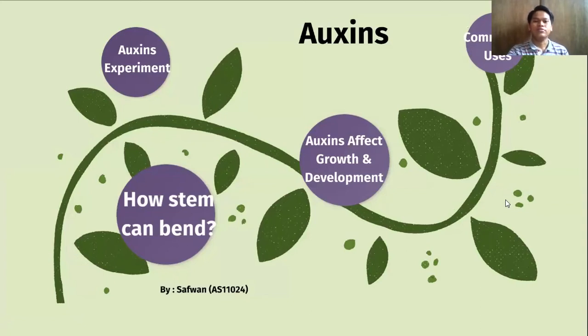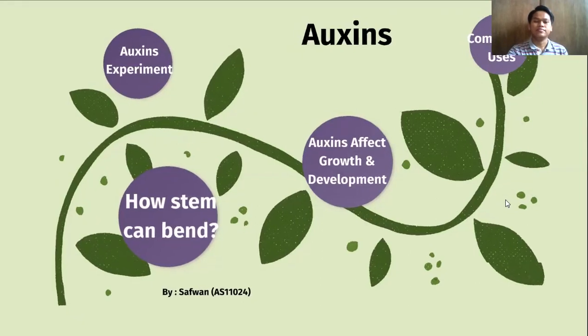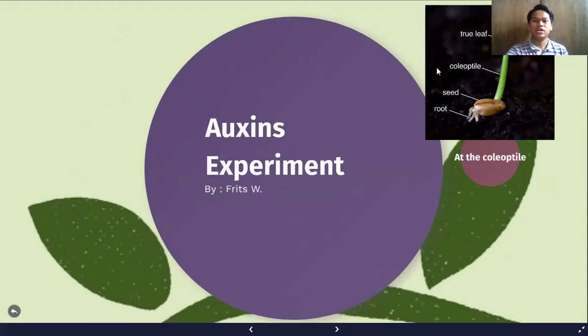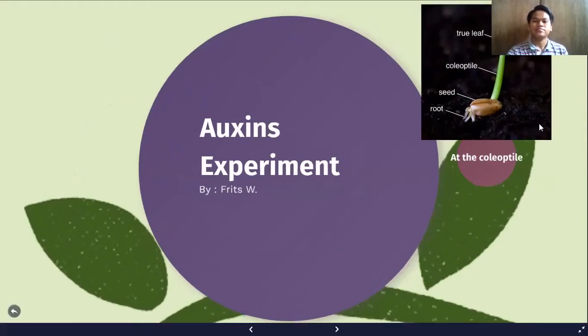So first, I will talk about the auxin experiment. This experiment was done by Frits W. Before this, scientists were trying to find out why the shoot can elongate or bend. The experiment was done at the coleoptile.